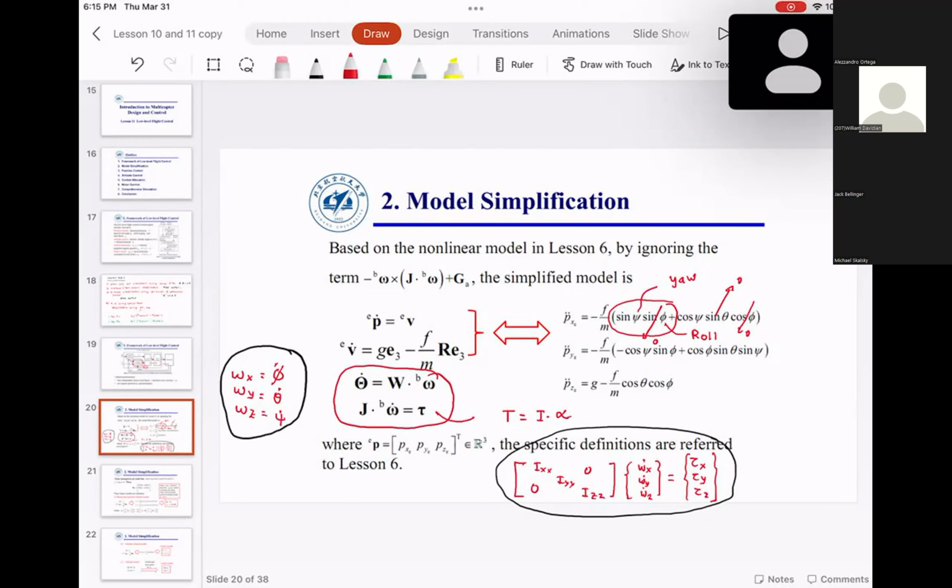Again, please understand, if sine phi and sine theta are 0, there is no way the quadcopter can travel in the horizontal direction. So you want to relax one of those assumptions, only then can your quadcopter travel in the y direction. Everyone understood this?